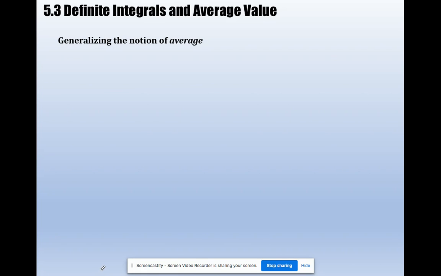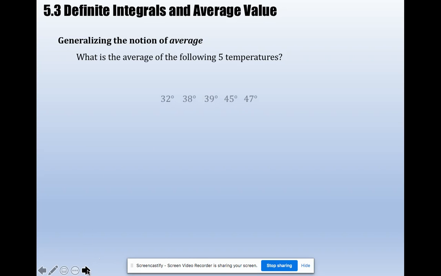So first, let's generalize the notion of average, right? And again, what I'm trying to figure out is how do I relate what we're doing with definite integrals to finding the average value of the function over time? Well, let's go back to elementary school again. What's the average of the following 5 temperatures? No big deal.